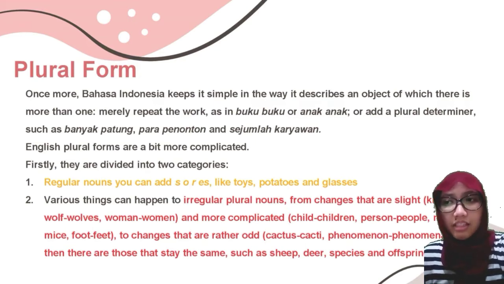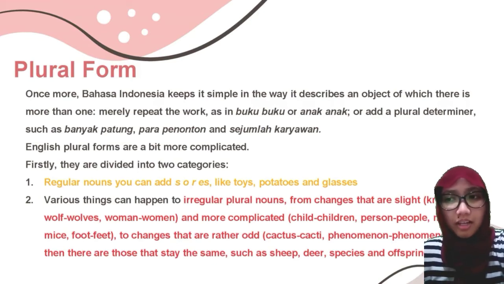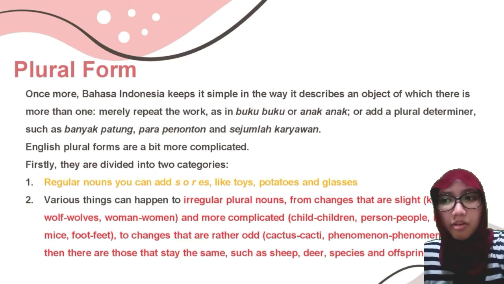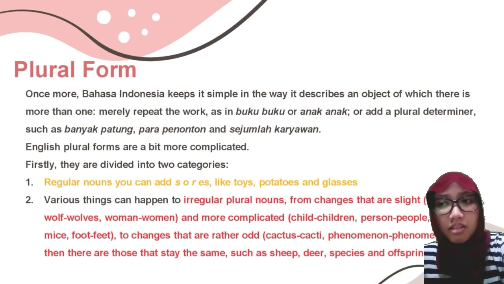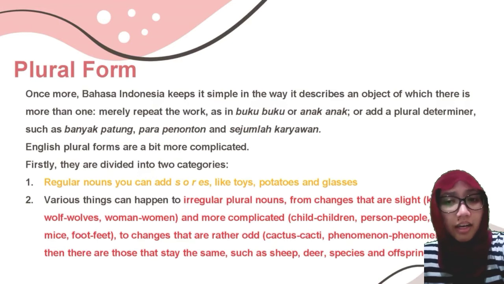Some change form: knife, knives, wolf, wolves, woman, women, and more complicated ones like child, children, person, people, mouse, mice, foot, feet. There are also rather old ones, such as cactus, cacti, phenomenon, phenomena, and then there are those that stay the same, such as sheep, deer, species, and offspring.